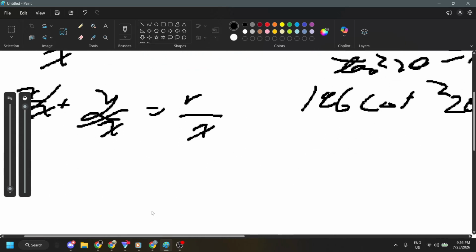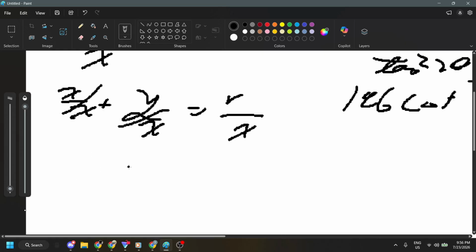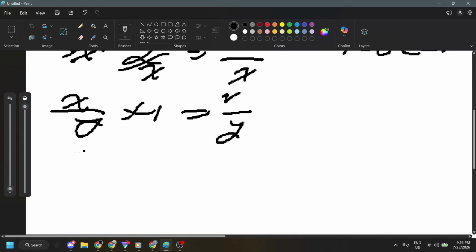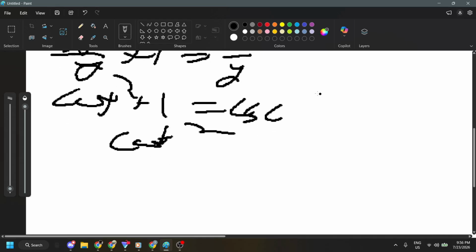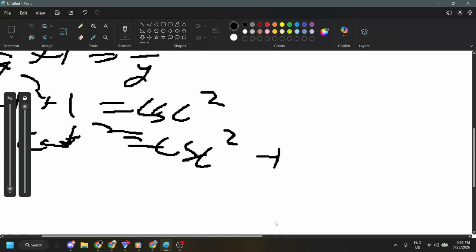Cotangent squared is the same thing as x over y. So we have x over y plus 1 is equal to r over y. So this is cotangent squared plus 1 is equal to, this is cosecant. So cotangent squared is equal to cosecant squared minus 1.